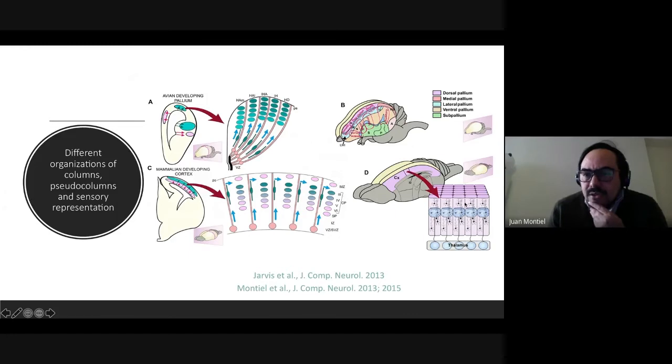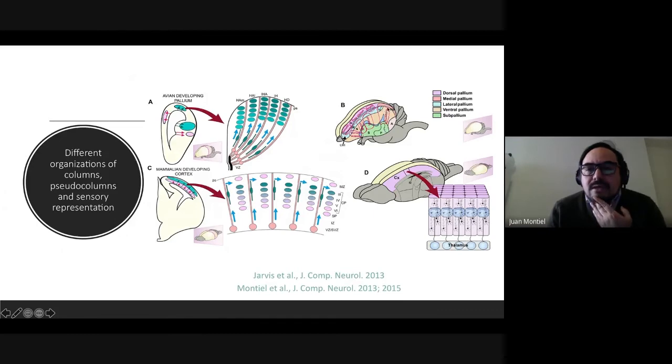And also, I talked about the microcolumns and columns circuitry that are relegated to the dorsal cortex, to the cortex in the mammalian brain. In D, we can see that. But in figure B, we can see that these columns in the avian brain are transiting between different brain compartments, even subpallium, pallial compartment, and dorsal pallial compartment for the visual or for the somatosensory, and also for the auditory cortex.